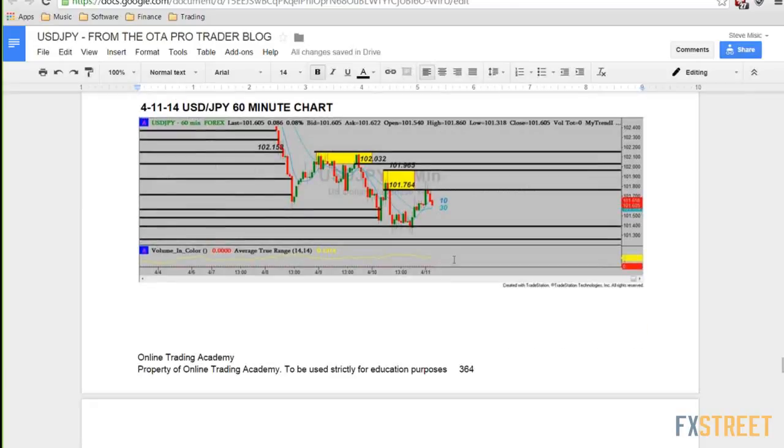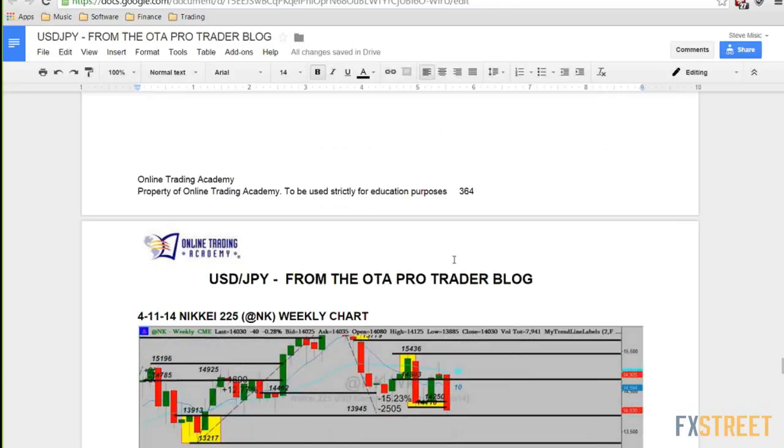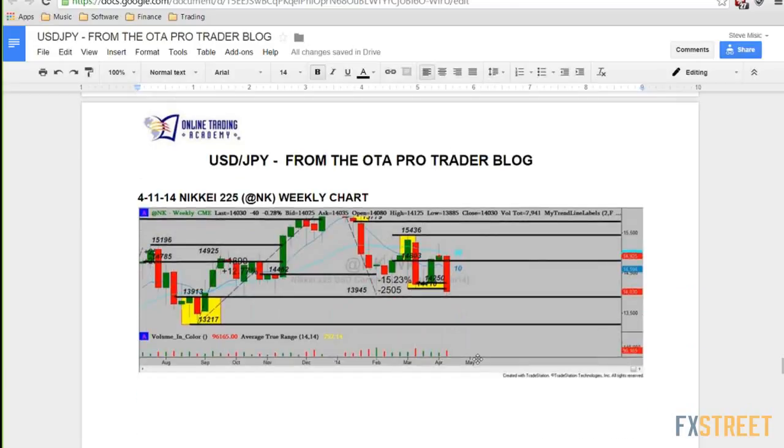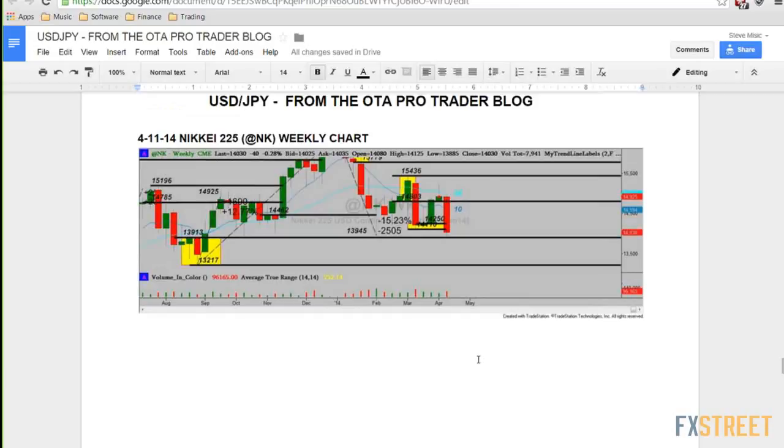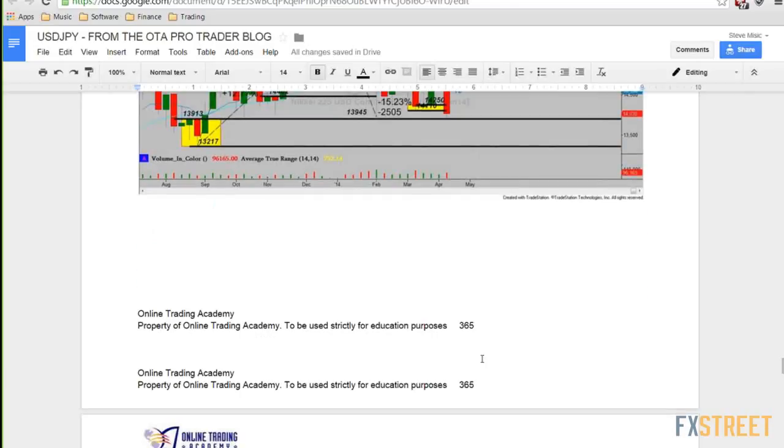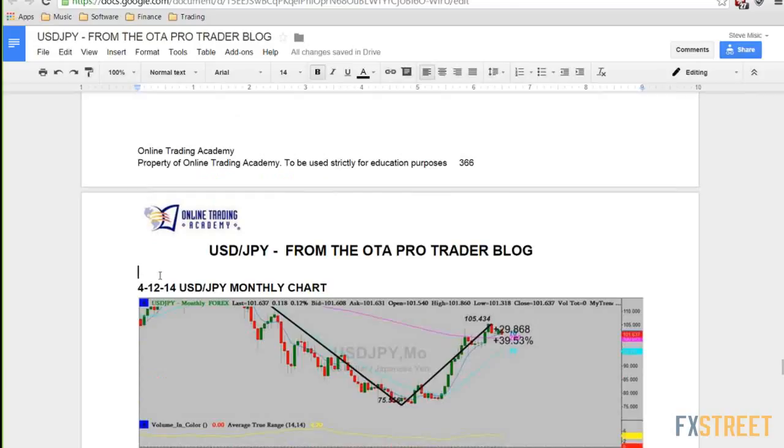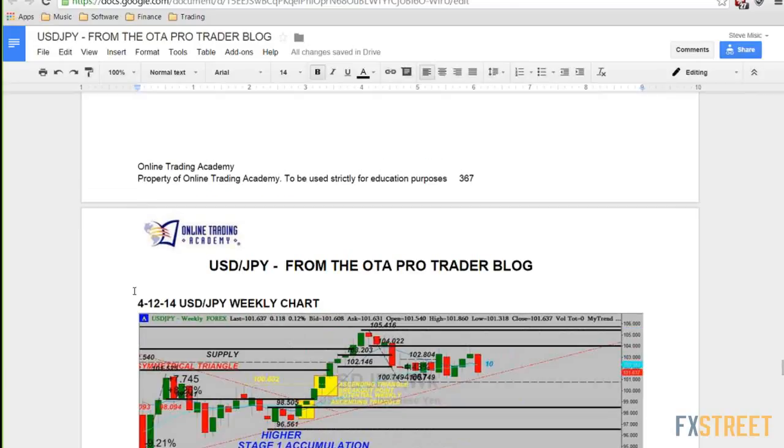The Nikkei hits its demand level on the weekly chart. And as we go through April here, both of them begin to bounce once again. So whatever the news is, it's still enough to keep us inside the same trading ranges.